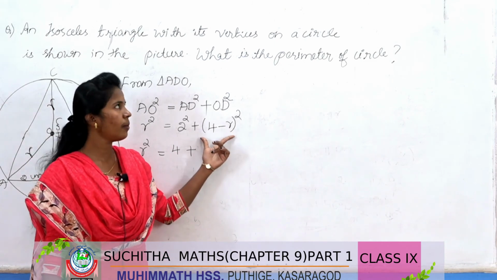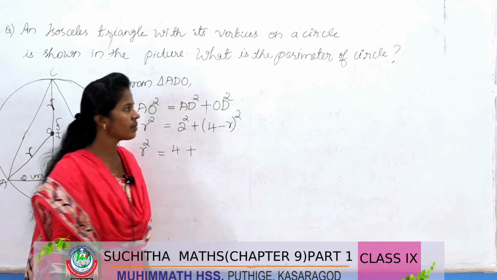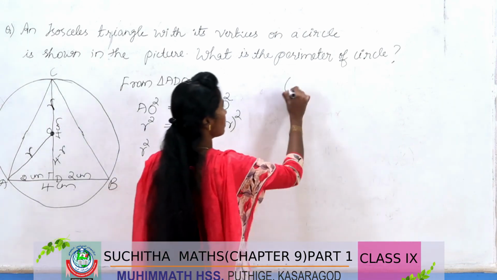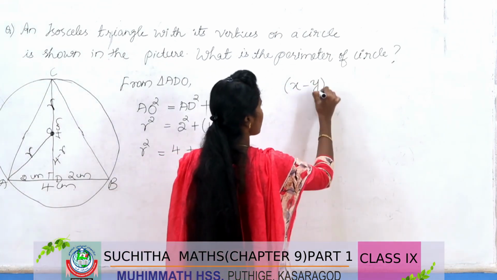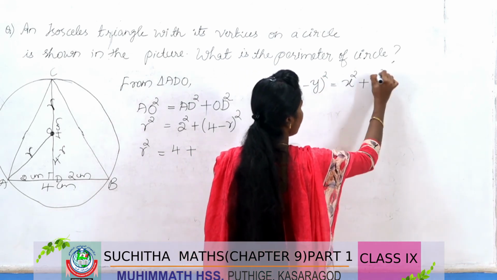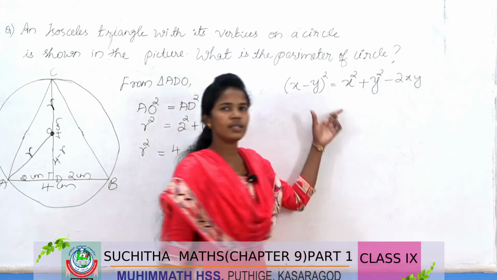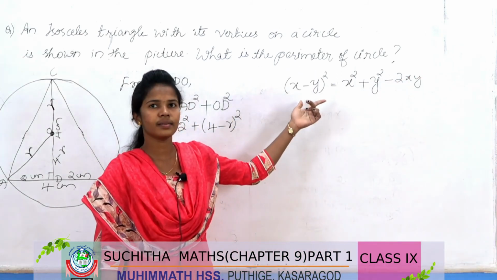It is in the form (x minus y) whole square. What is (x minus y) whole square? (x minus y) whole square is x square plus y square minus 2xy. We learned this equation in 8th standard.